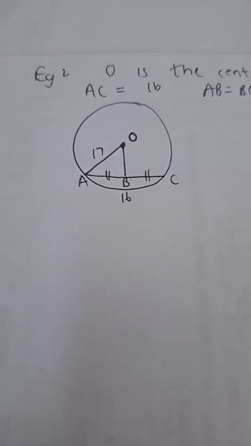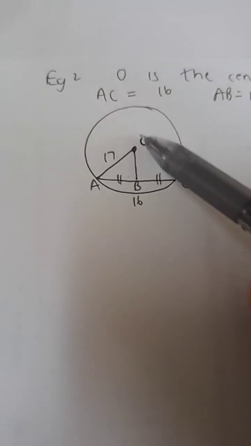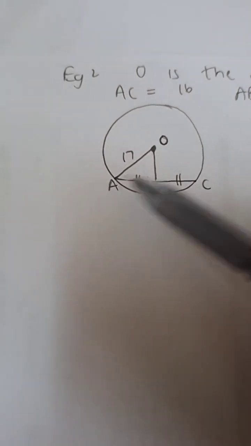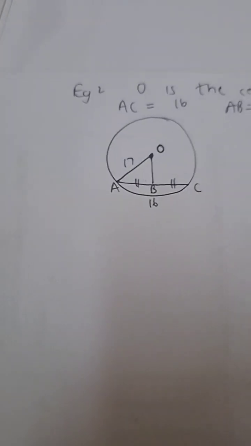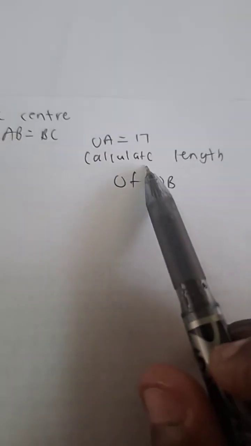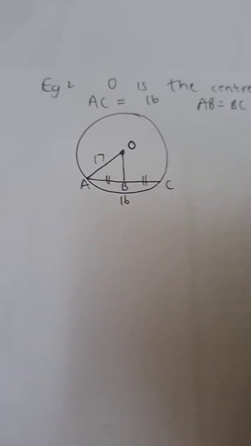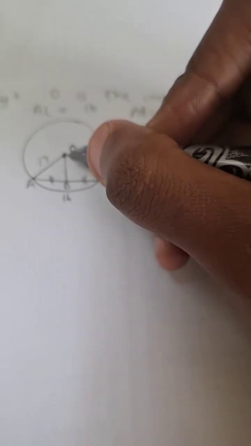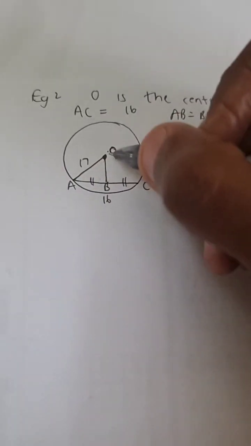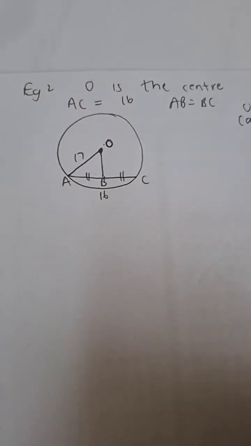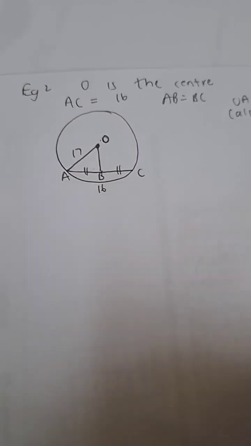Why do I know that? It's because I can see AB is equal to BC. What can I conclude about that? Remember, what I'm asked to find is the length of OB. Where's OB? OB is here. So OB is actually part of the triangle.